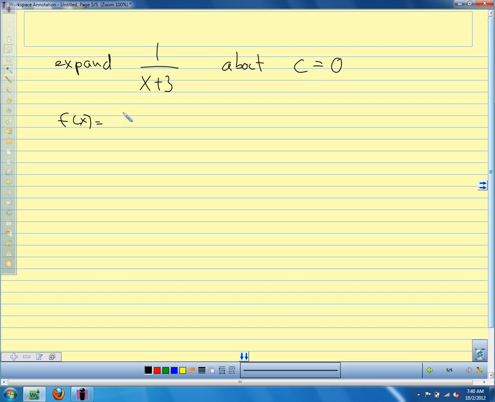So my function is 1 over x plus 3. My derivative is minus 1 over x plus 3 squared.